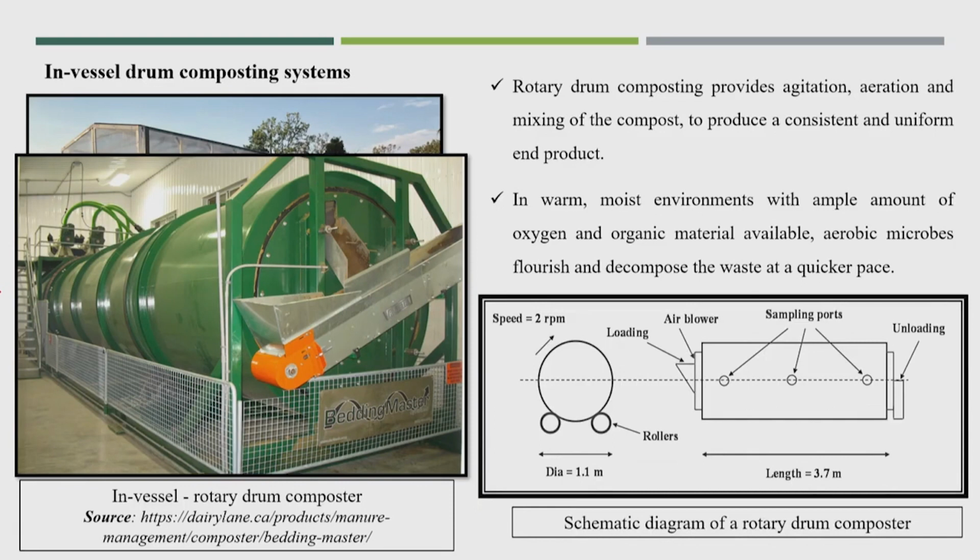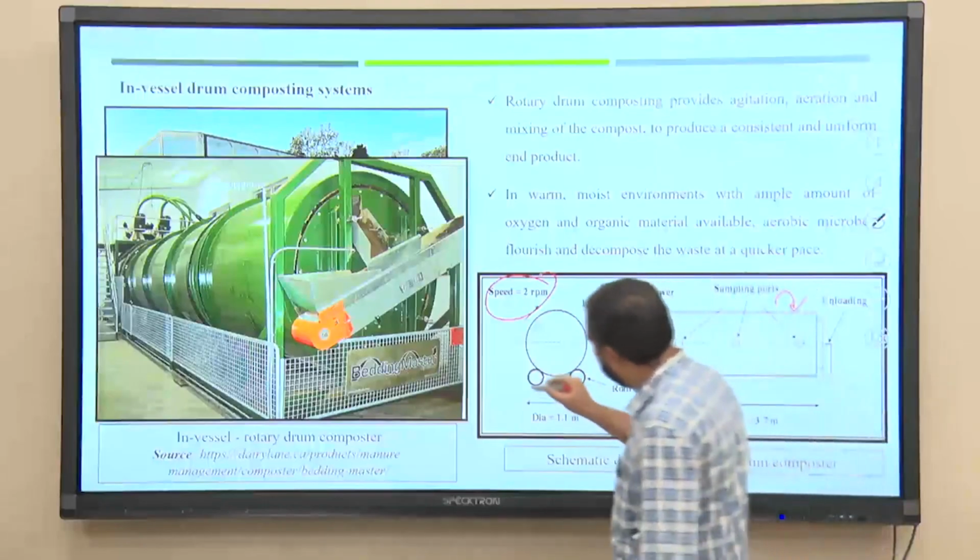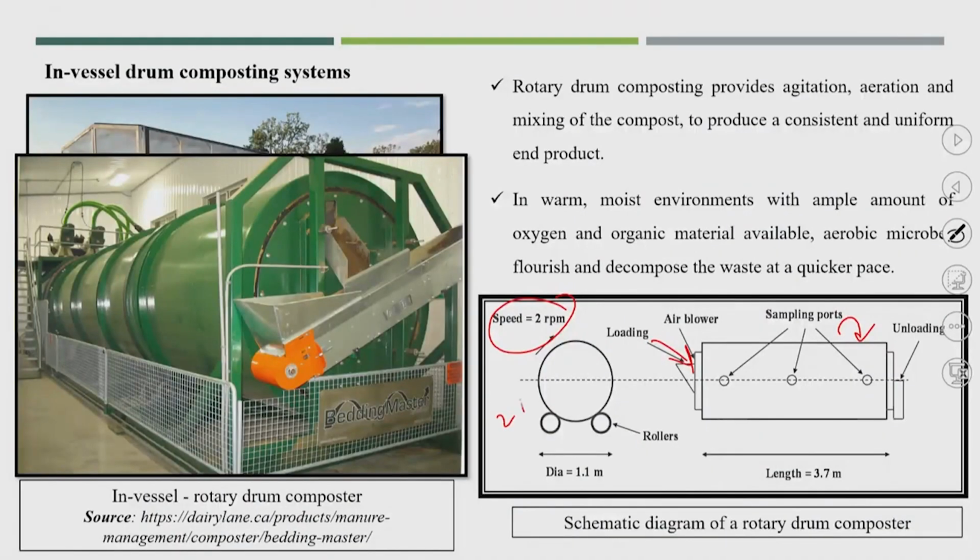So, this is another schematic diagram. This is the loading or feeding, and this is getting turned. Okay. So, speed is 2 rpm. Maybe you need not turn it every time, only maybe 2 times in a day. 2 times in a day you will be required to turn the rotary drum.